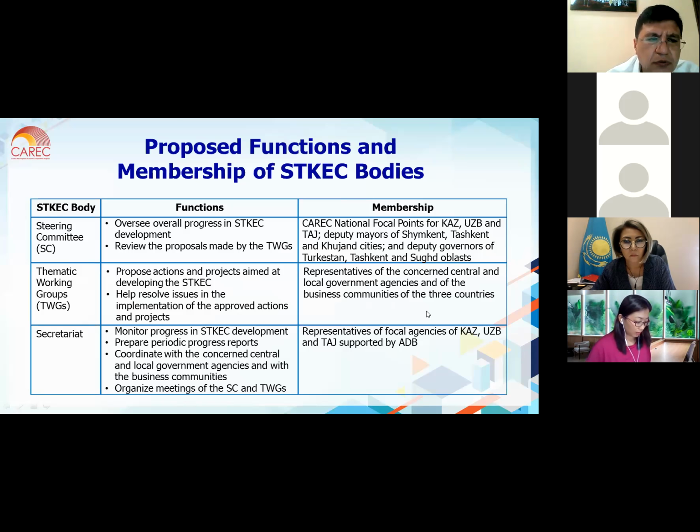And the other 2 bodies, the steering committee and the working groups, will coordinate their activities closely with the ministerial conference that is responsible for the overall CAREC agenda. So in brief, that's the institutional setup that we are suggesting, based on the experience of other corridors. If you have any suggestions, comments or remarks to this mechanism, we will, of course, try to reflect that in the next version of the document. Thank you.